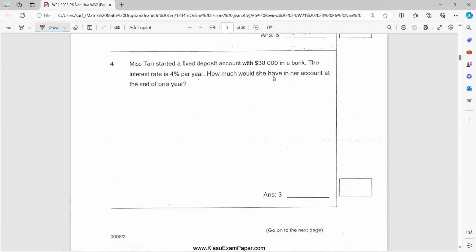Question 4. Ms. Tan started a fixed deposit account with $30,000 in the bank. The interest rate is 4% per year. How much would she have at the end of year 1? When they say that she started off with 30,000, that is the original, so that is the 100%.